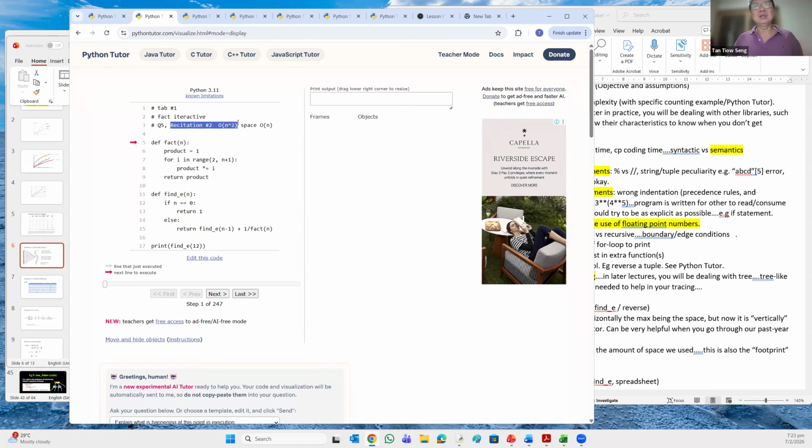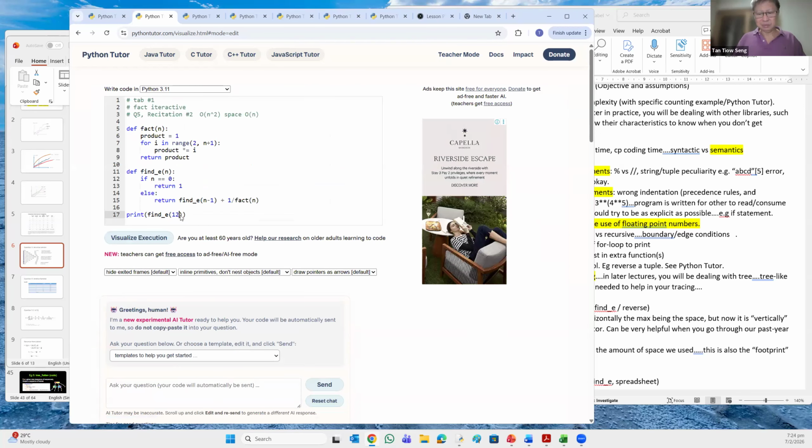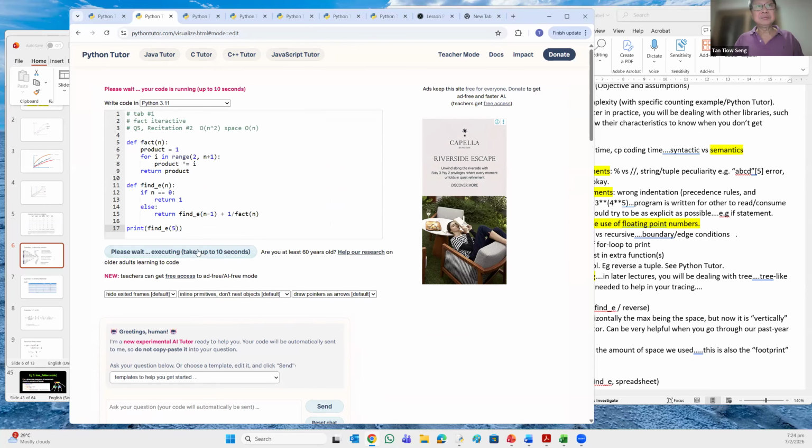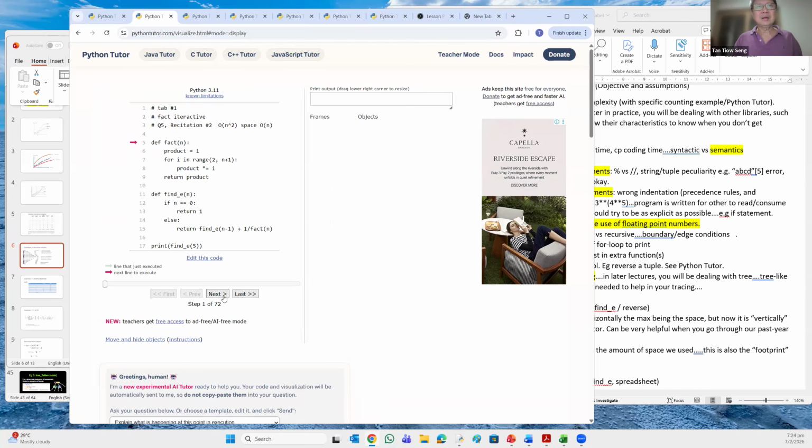We have the n squared time and the order n space. You can see that it is the factorial that is using the space. Oh, maybe this is too big a number. Let's use 5. You see the factorial is the one using the space.